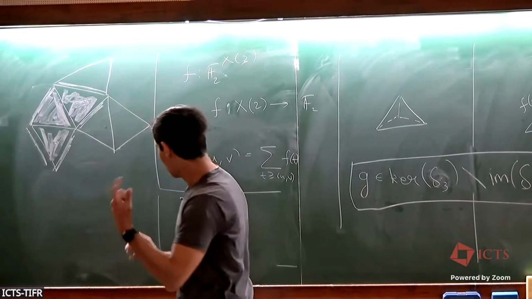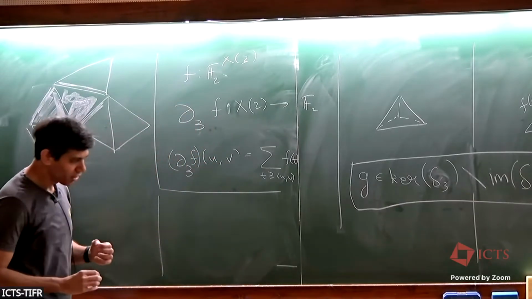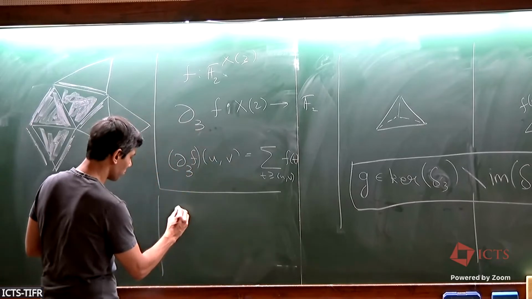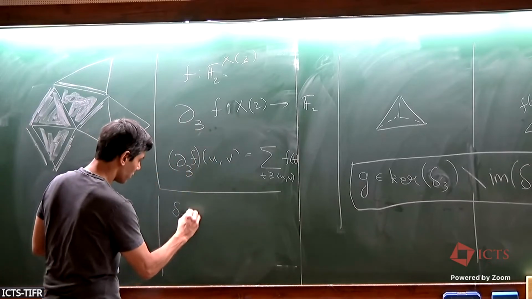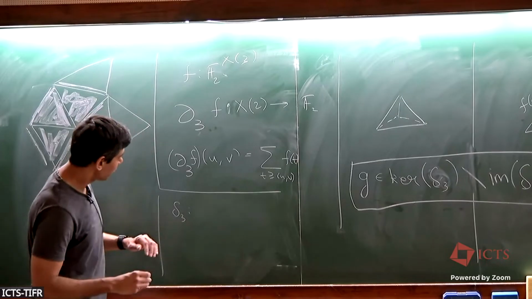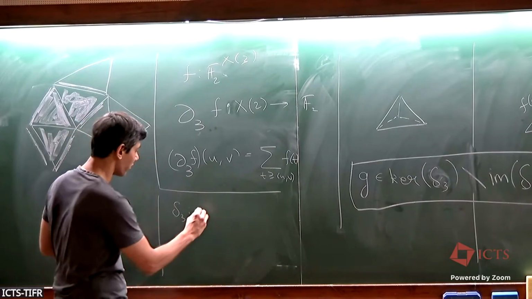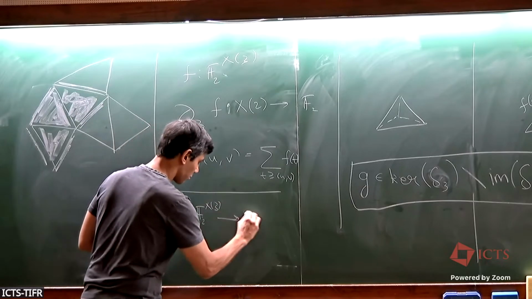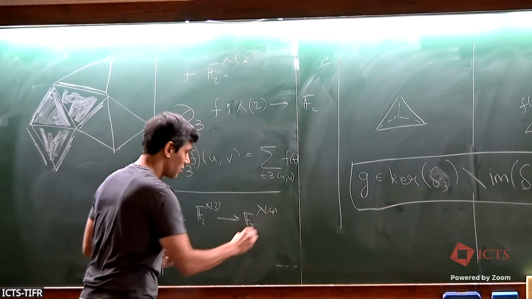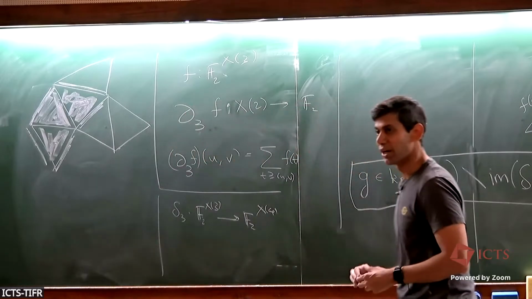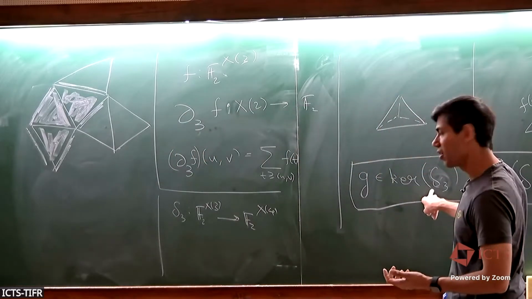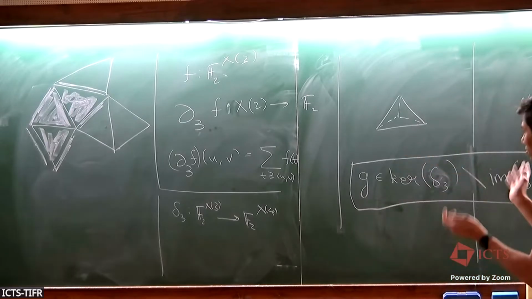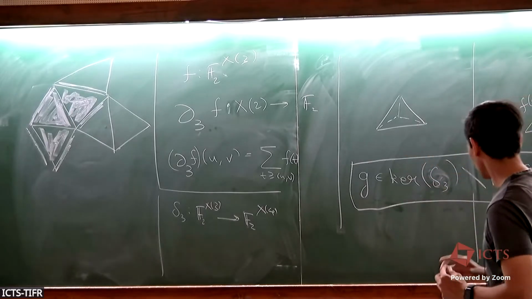I was talking about the co-boundary operator, which takes me from triangles to tetrahedra, and things on each tetrahedron should be 0, right? If I add things, it should be in the kernel of delta 3 and the image of delta 2. But that way I got to define both boundary and co-boundary operators.